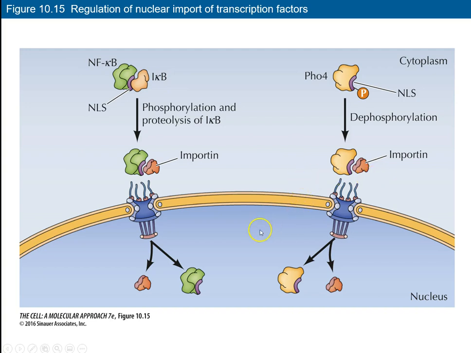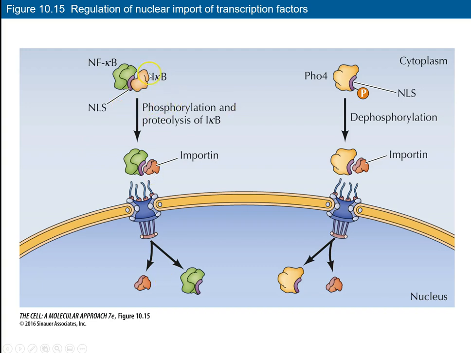Okay, again, we need to understand this and understand why this is important, or how it affects gene expression. Again, that question is in your review sheet. Okay, so that was the example that I just went through. Here's your NF kappa B, here's your I kappa B. This NF kappa B has this nuclear localization signal on it. However, if this I kappa B is there, it can't enter into the nucleus.